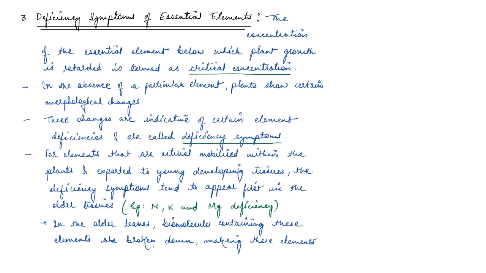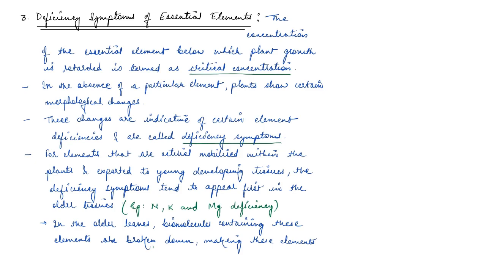Till now we saw what kind of nutrients are necessary for plants and in what proportion they are required, and depending upon the amount, we classified them into macronutrients and micronutrients. In the last two videos we studied some of the macronutrients and some of the micronutrients, and we saw their functions and how essential they are.